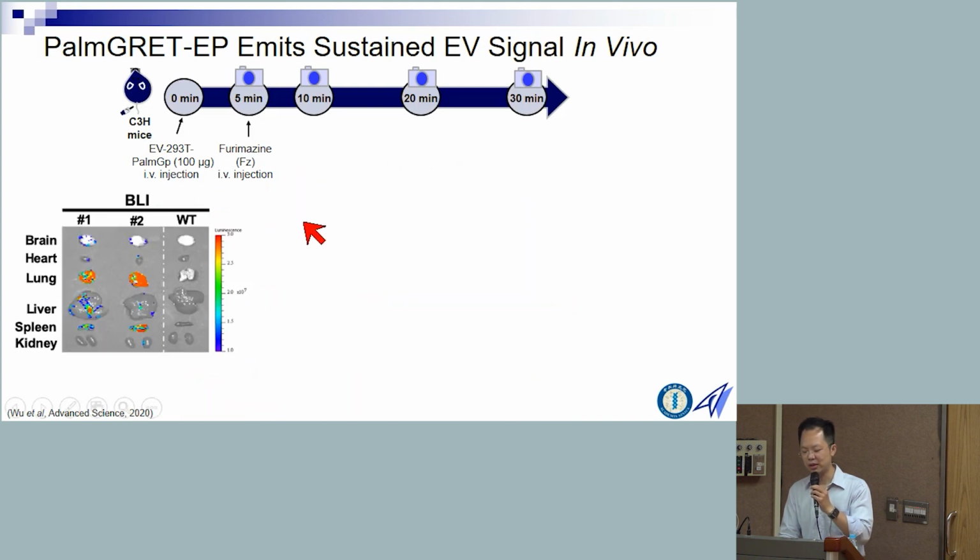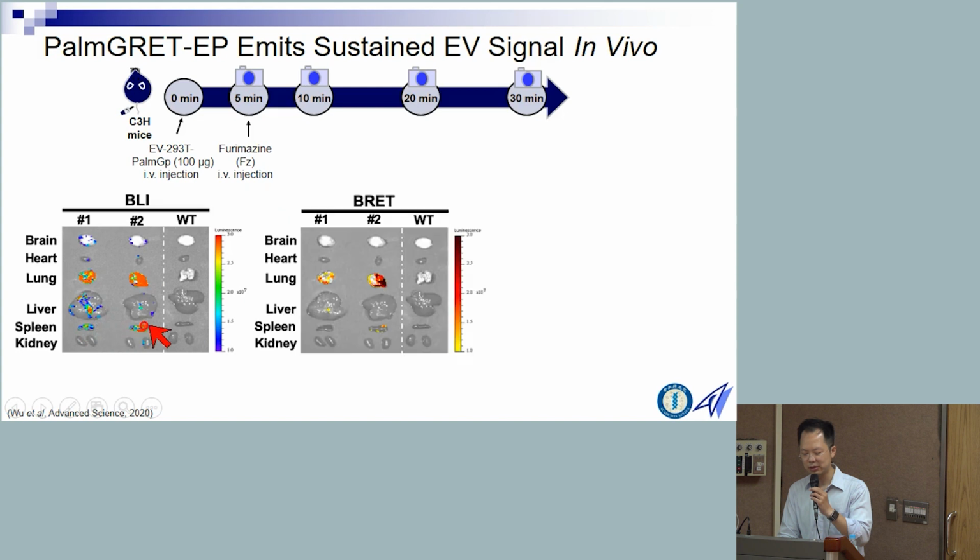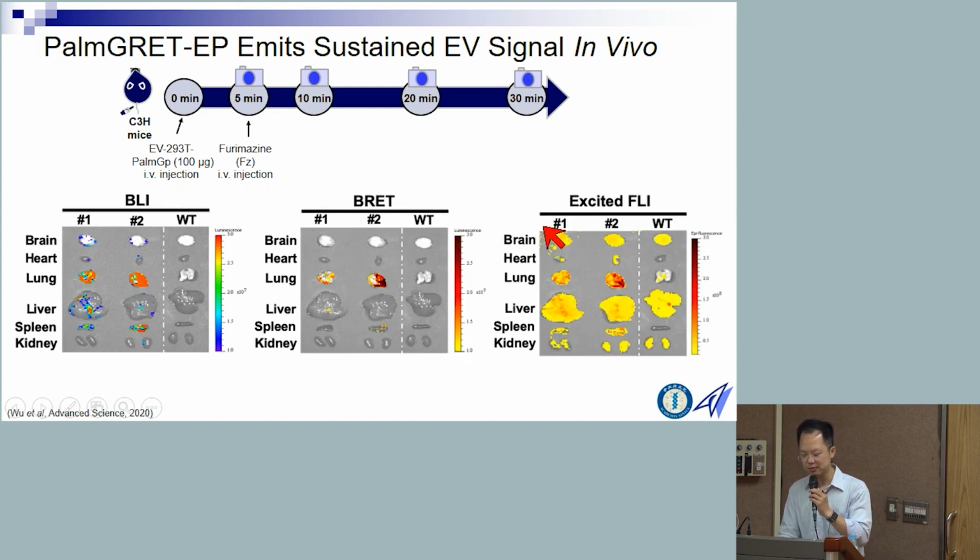And not only that, we did ex vivo imaging, so we harvested the organs from those animals, and we see the lung actually came up, followed by the liver and the spleen, under both BLI and BRET signals. And this, again, is what it looks like if you do external excitation. So if you want to image nanoparticles, external light source excitation really doesn't work. We're trying to use internal light to excite them, because the signal to background noise ratio is so much better when we do that.